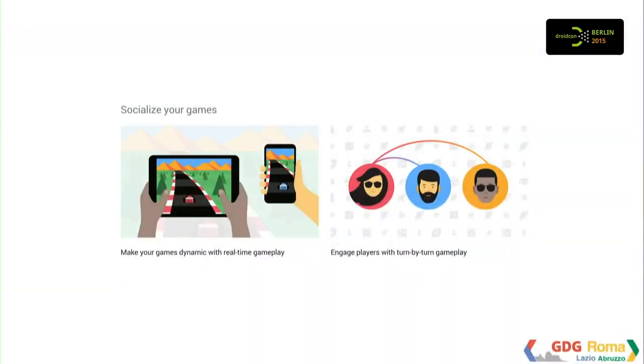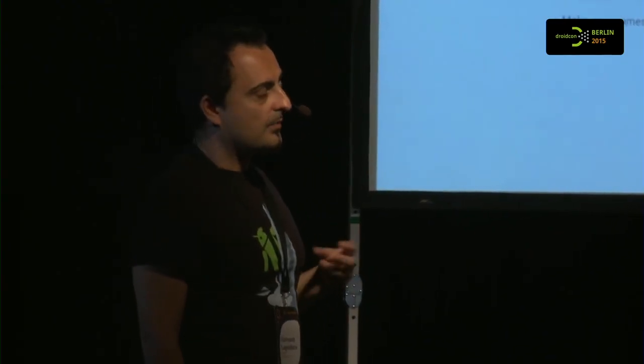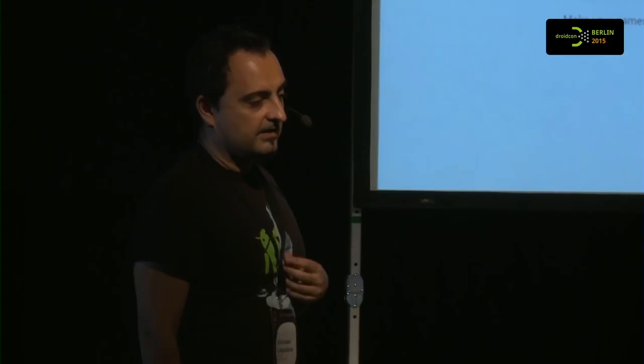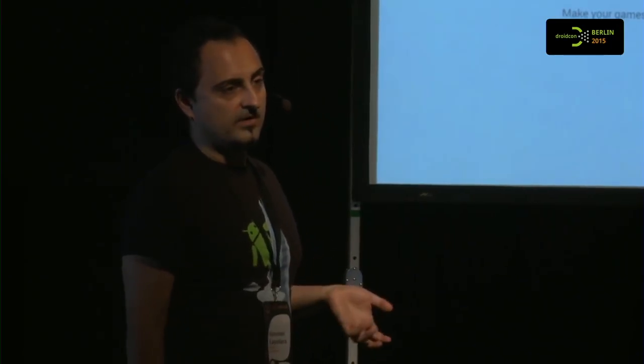Another key feature of this API is that it allows two kinds of dynamics: real-time dynamics and turn-based dynamics. The turn-based dynamics is based on a room-like API, in which, for example, a player could create a room and wait for another player to join.